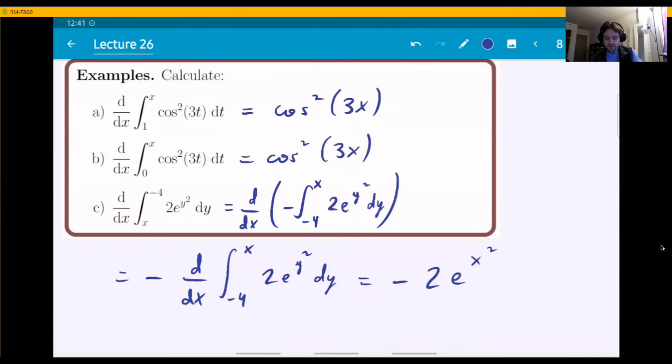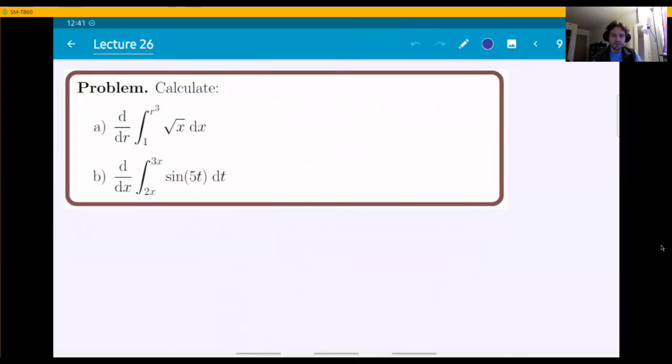So these were very simple examples. We have some slightly more complicated ones where the variable in the area function might be not just x, but some function of x. In this case, there's a couple things going on. First of all, the variable of integration in this first item is x, and then the variable of the area function itself is r.